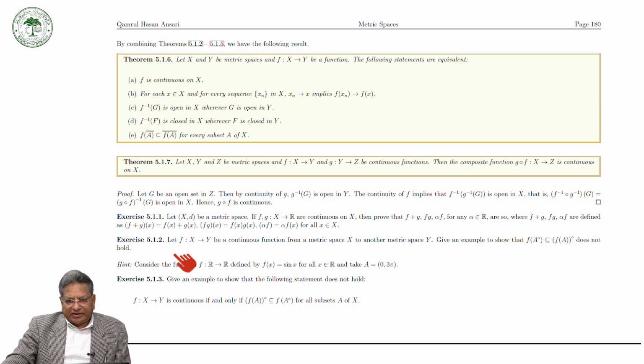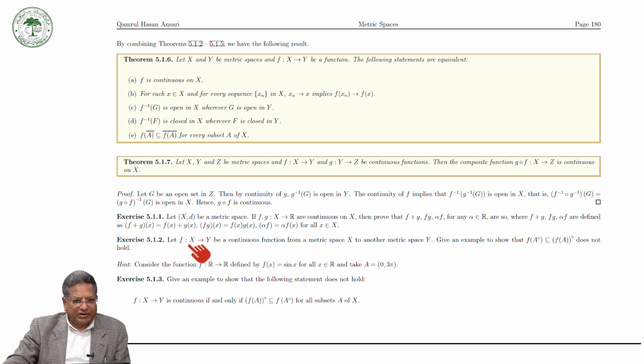As I mentioned, what will happen if I consider f of the interior of A as a subset of the interior of f of A? Can we say that then the function is continuous? So I have this question for this exercise.